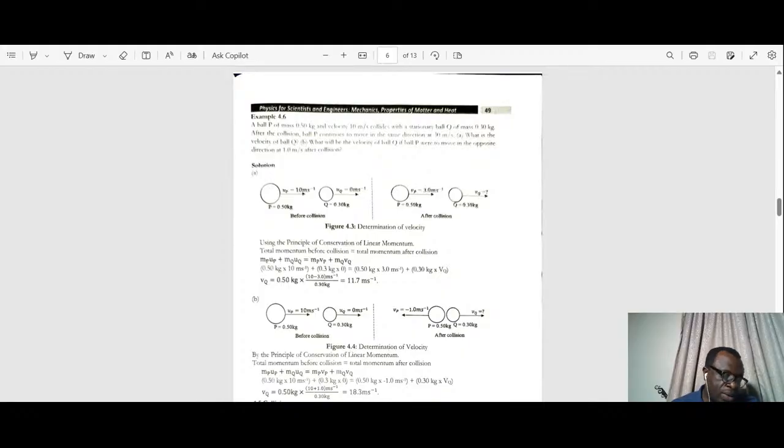Then the other question says if the other mass moves in the opposite direction after collision, in that case you make VQ the subject of the formula and you have 18.3 meters per second.